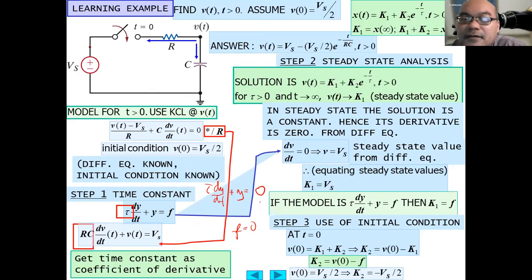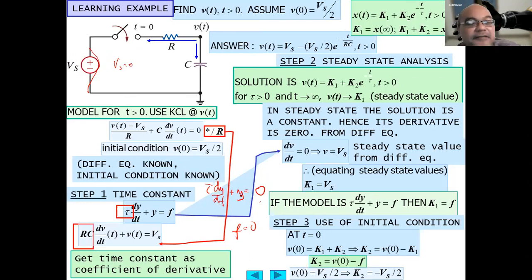Yes, when the voltage source is short-circuited. When we don't have any voltage value here, when Vs equals 0, basically a short circuit, that is when F is 0. So we don't have a forcing function.